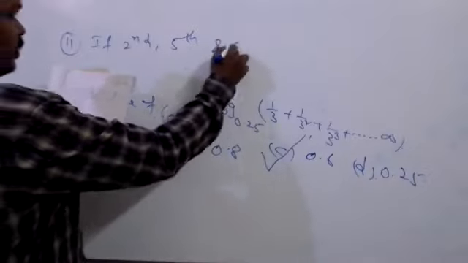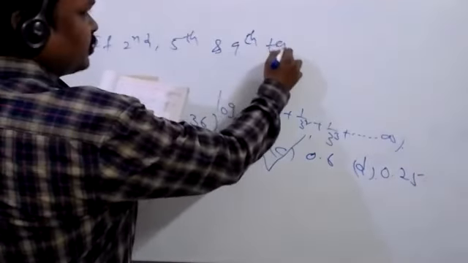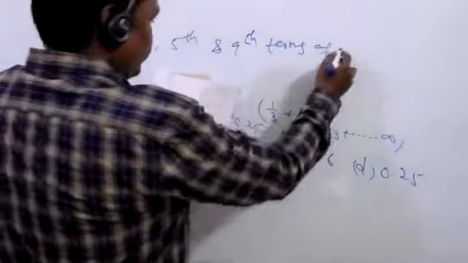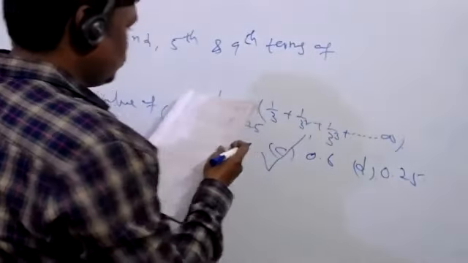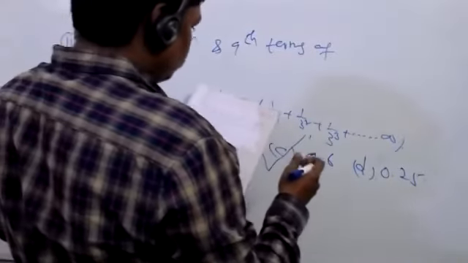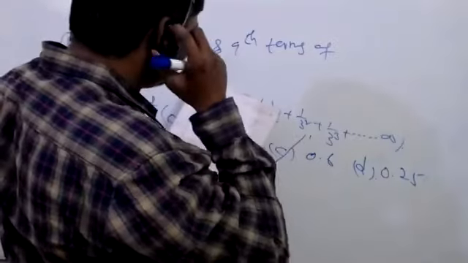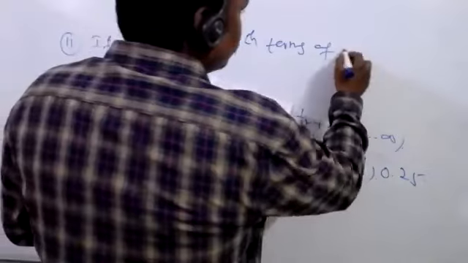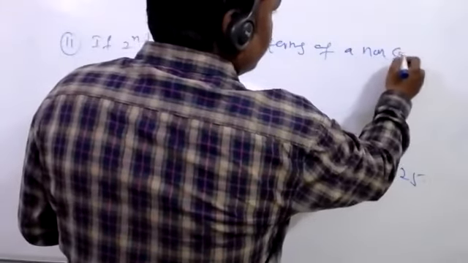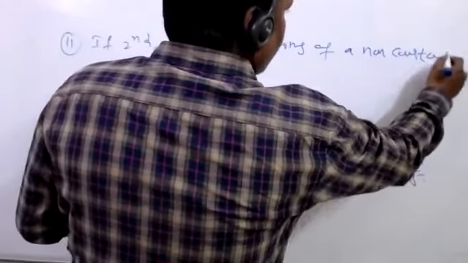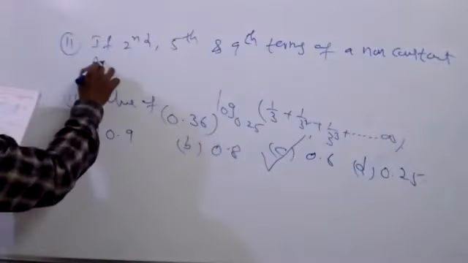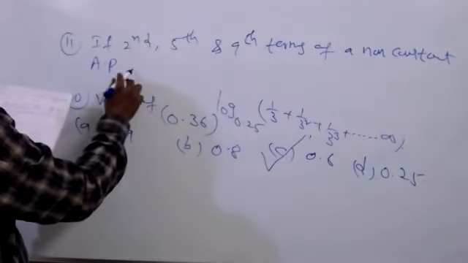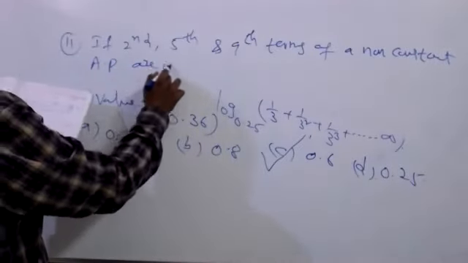Fifth and ninth terms of a non-constant AP are in GP.